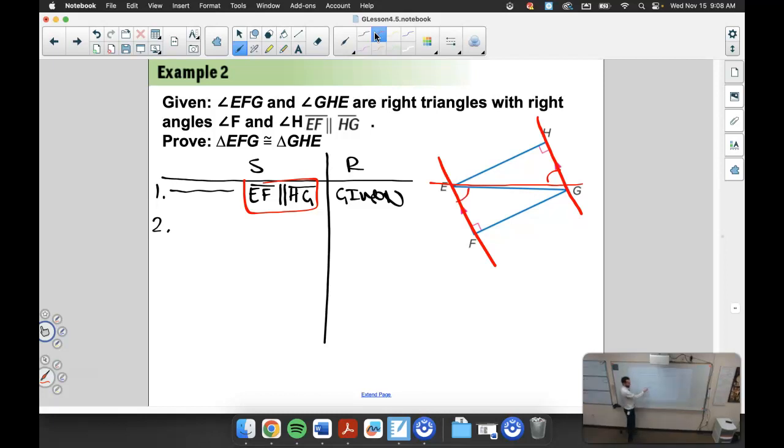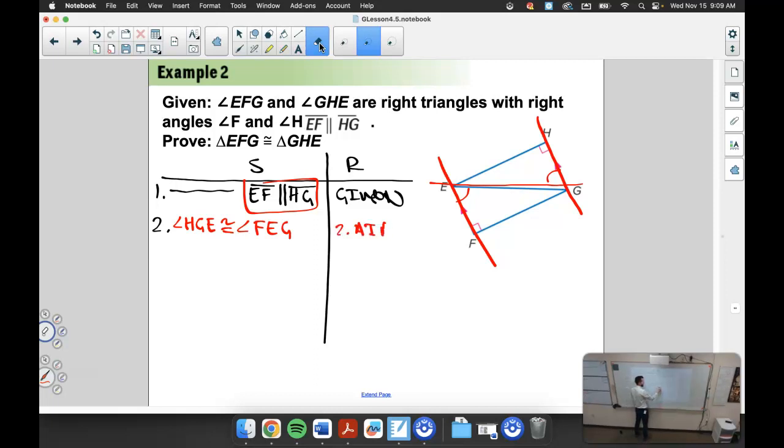So I'm going to write that out with a little more letters. We've got angle HGE is congruent to angle FEG. And that is the alternate interior angle theorem. If you have two lines that are parallel, cut by a transversal, alternate interior angles are congruent. That's what that says. So now I've got an A.